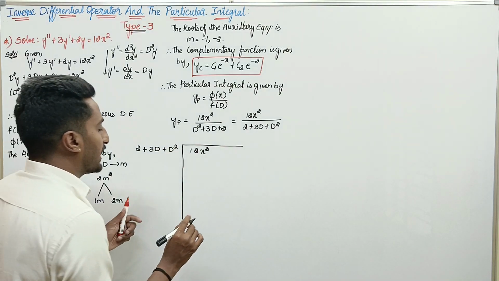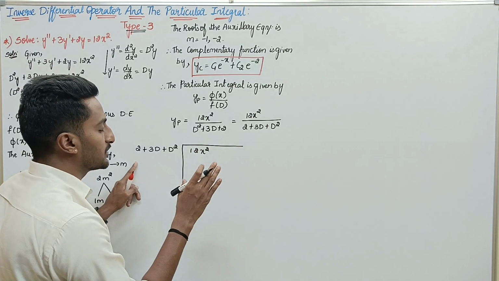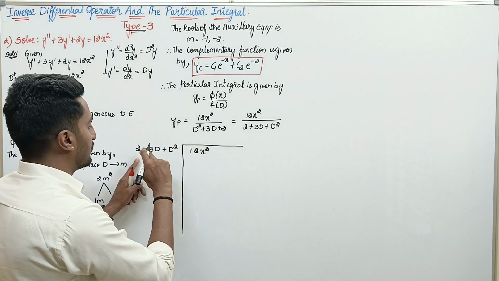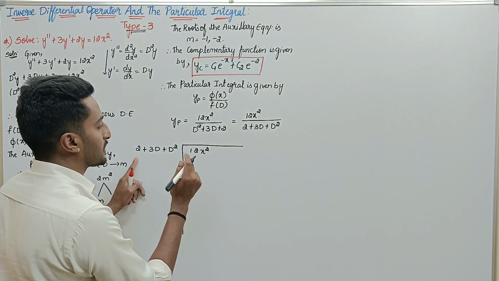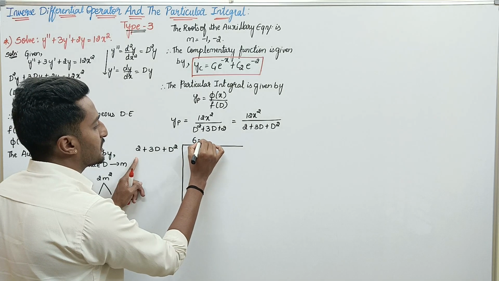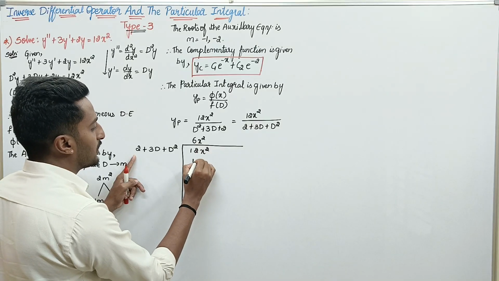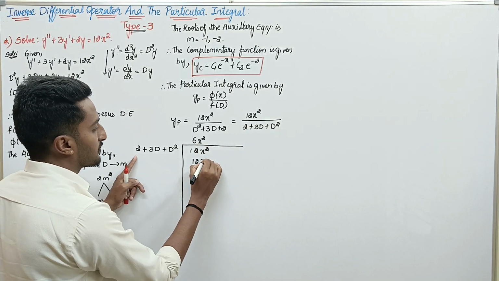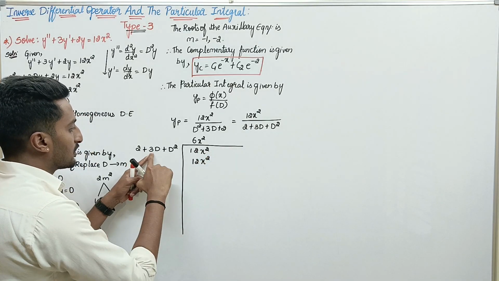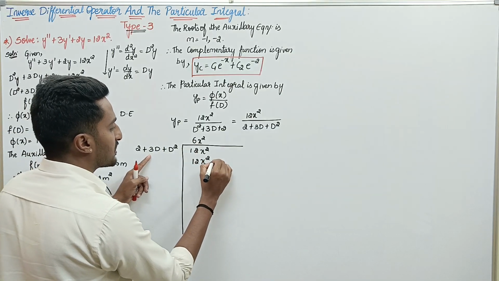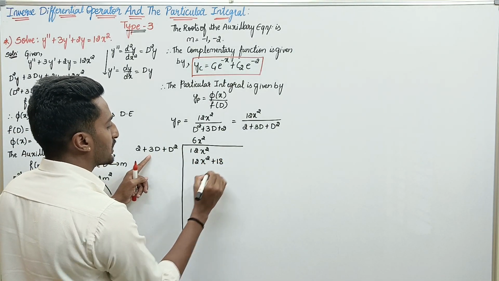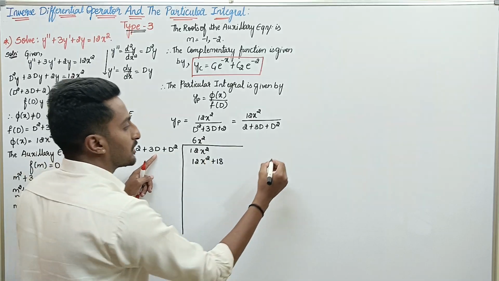We are going to do this with the division method. For what value with respect to 2 will I get 12x square? If I multiply 6x square, 2 sixes are 12x square. Next, 3 into 6, 6 threes are 18. What is D?